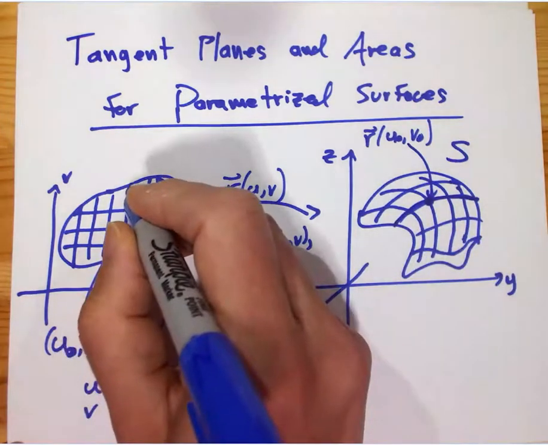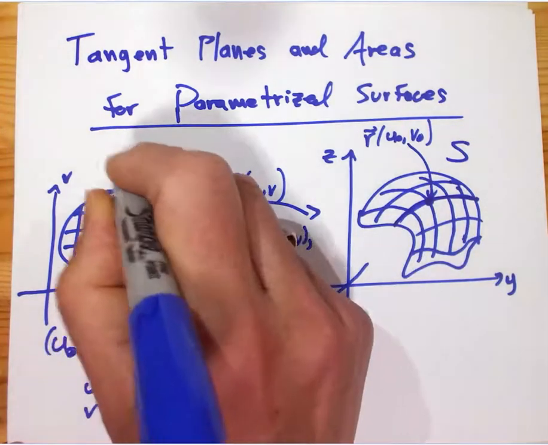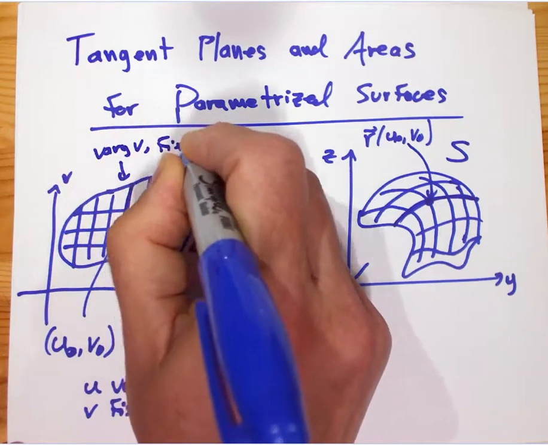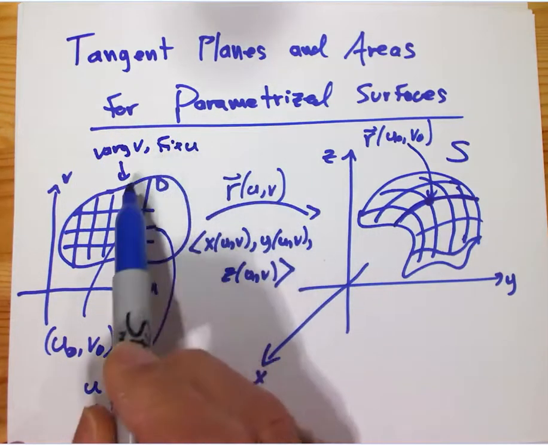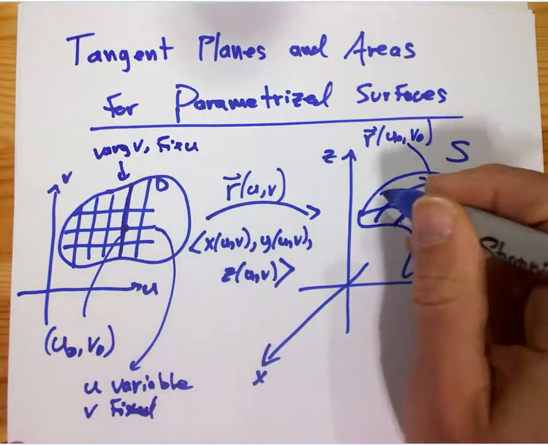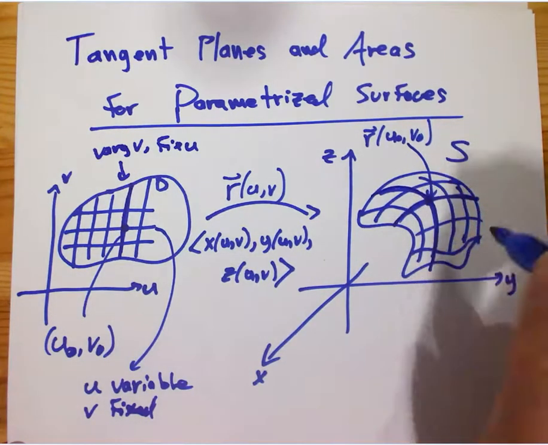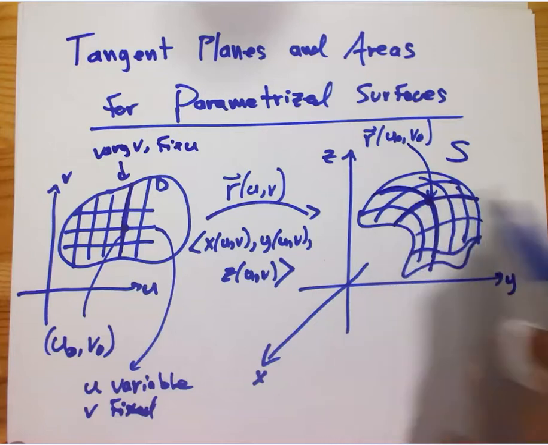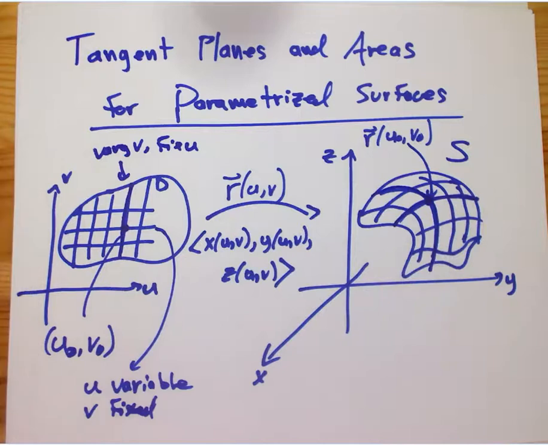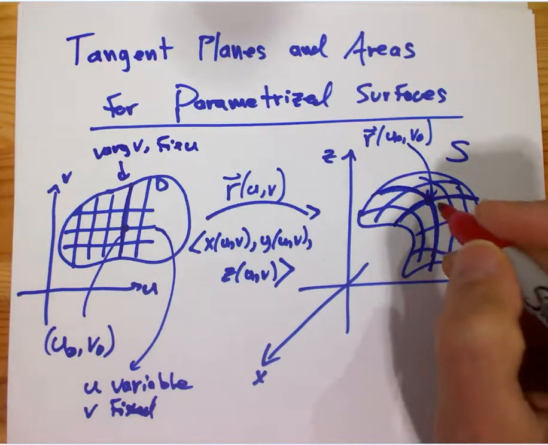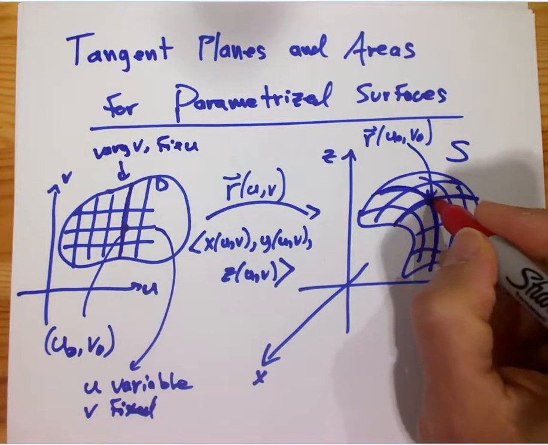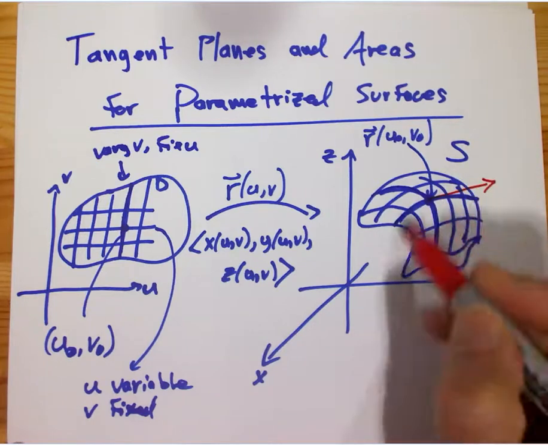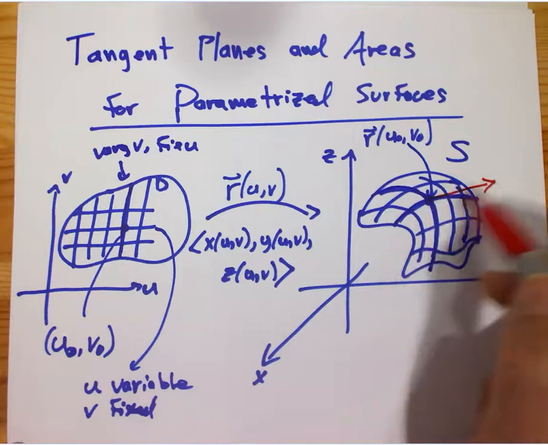And if I do the other, if I vary v instead, and I fix u, then I'm going to get another curve. So that's going to be this one here. And the key is to understand the velocity vectors of those guys, because, let me draw those in red, the velocity vector of the u variable curve is going to be tangent to this curve, which lies in the surface, so it's tangent to the surface.